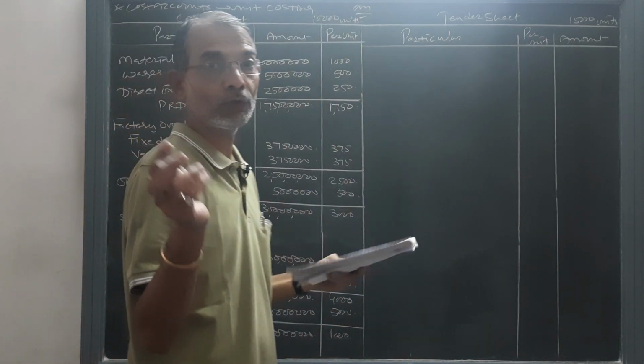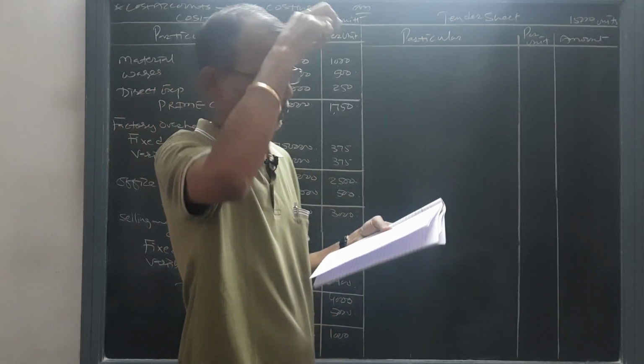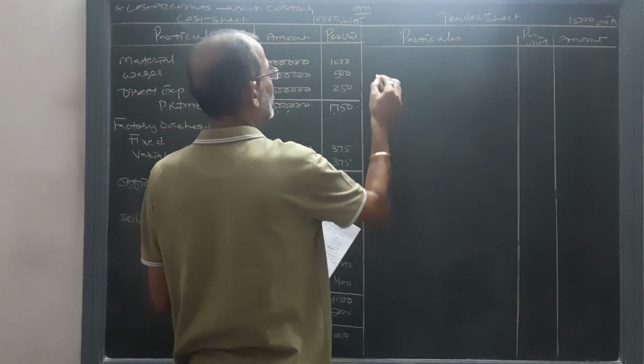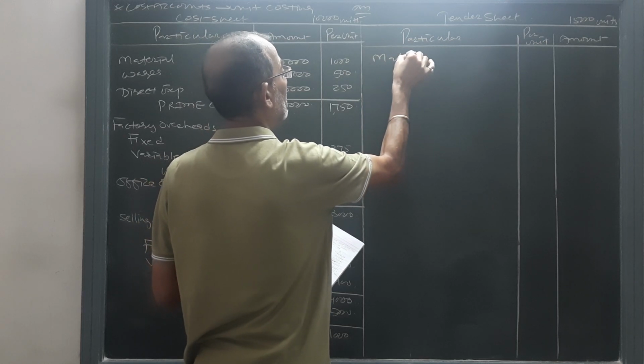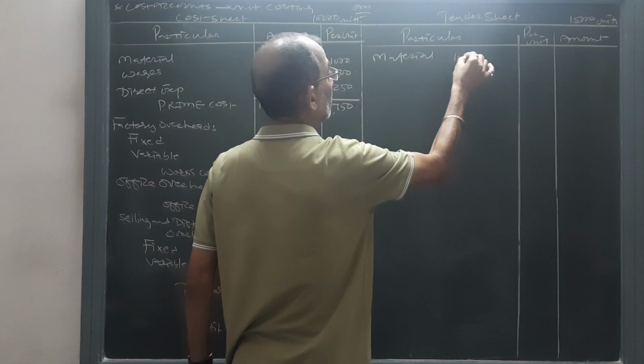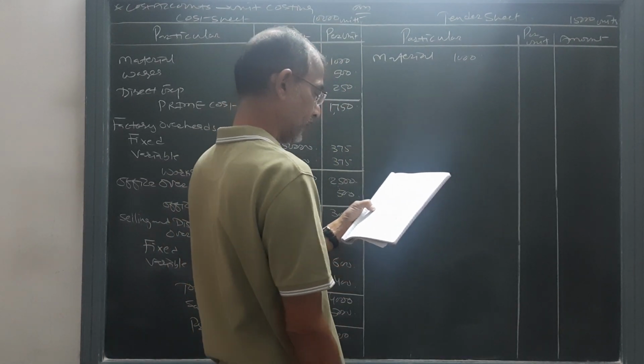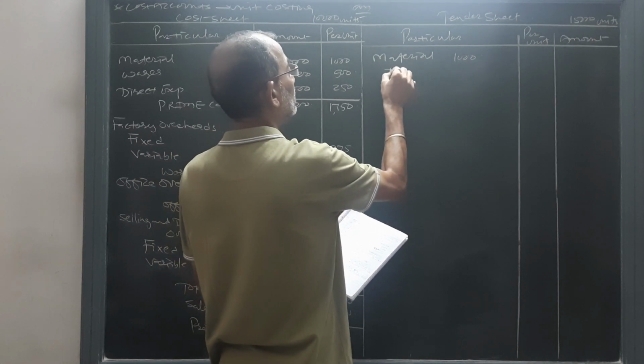Here 15,000 units are estimated to be manufactured and sold. So first material, that was 1,000 per unit. Now it has increased 10%.